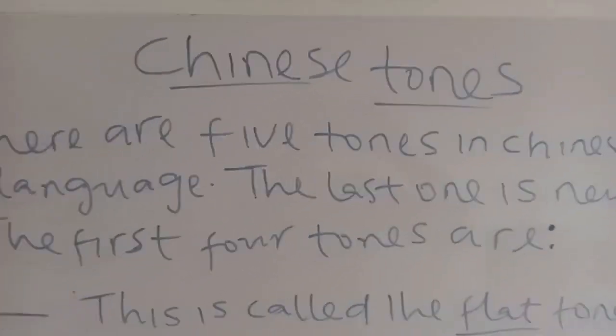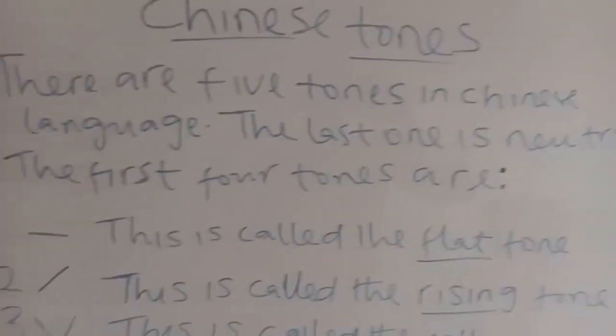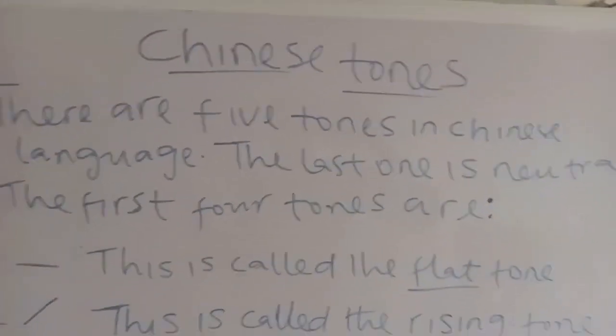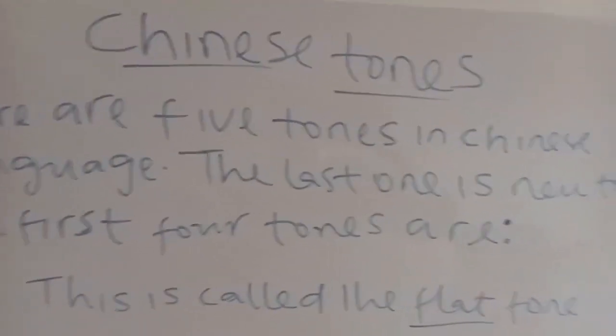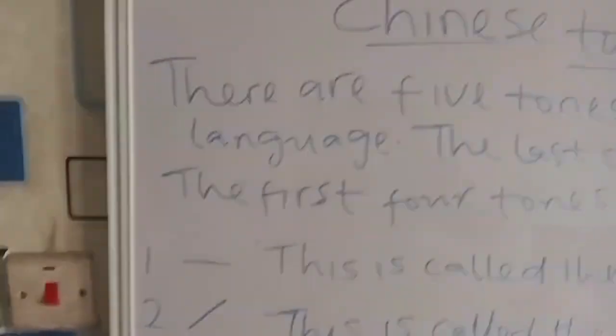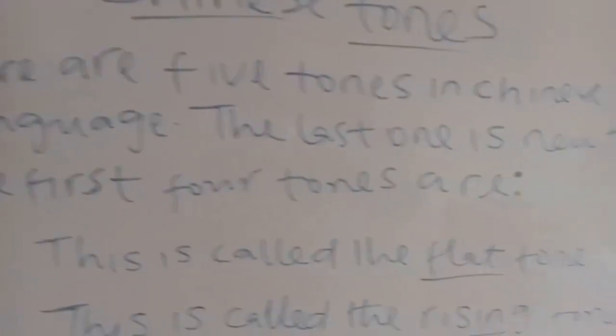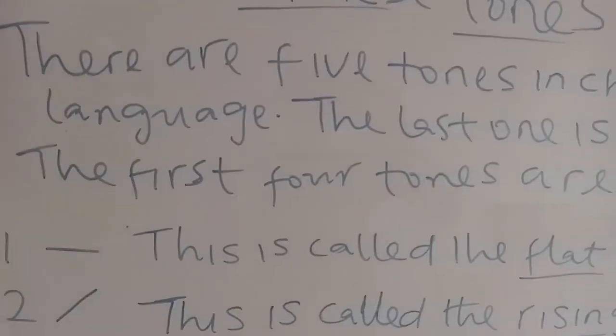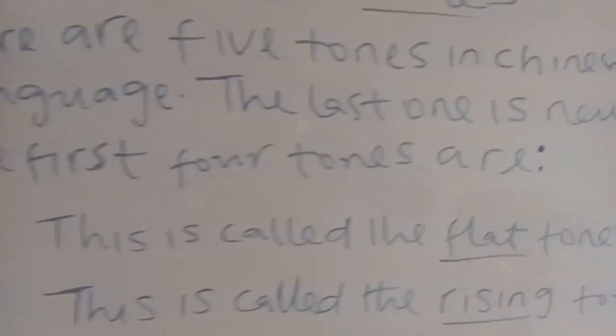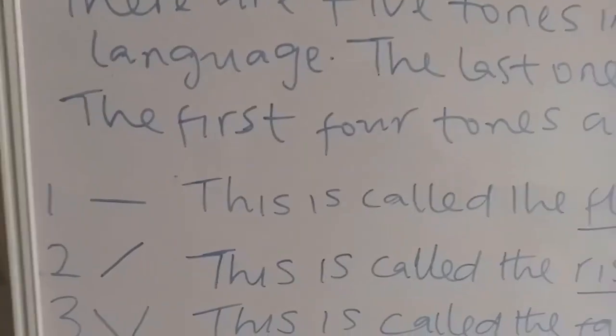Okay, here we are. If you can't see my writing very well, don't worry, I will read out everything I wrote. The heading here is Chinese tones, and I wrote there are 5 tones in Chinese language. The last one is neutral. The first tone is the flat tone.